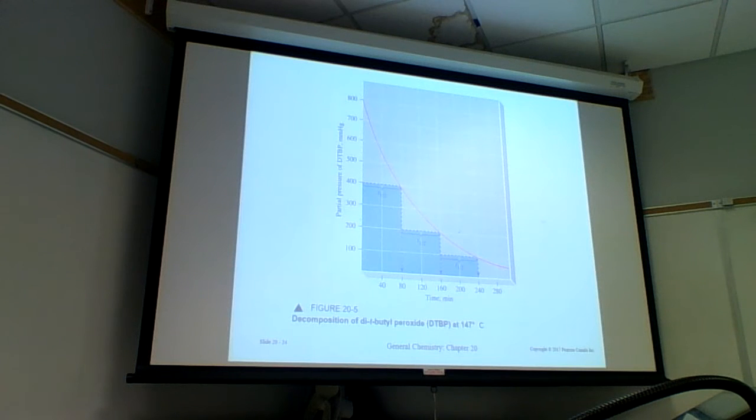So let me just do that. 1 divided by 16 is about 6.25% remaining. This is about 6.25% left.